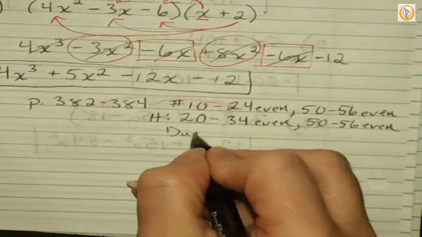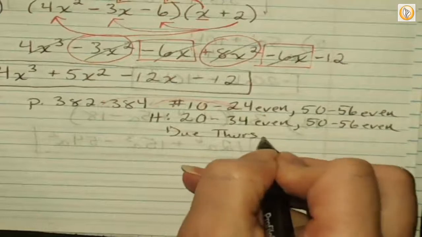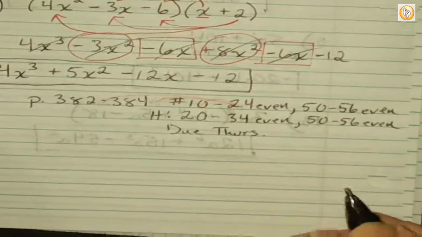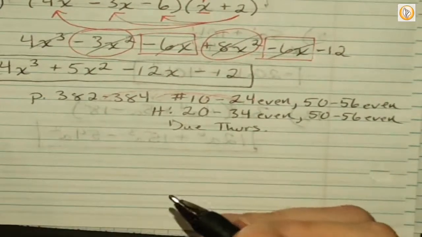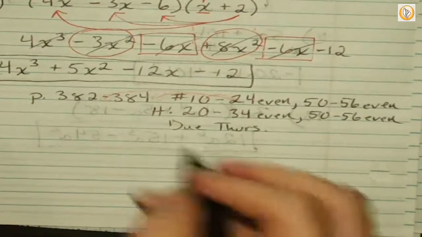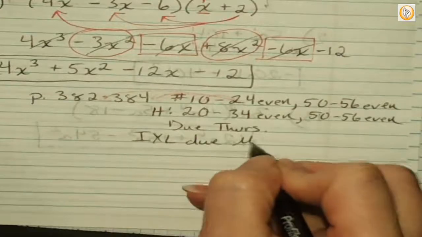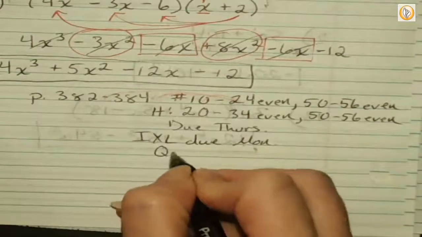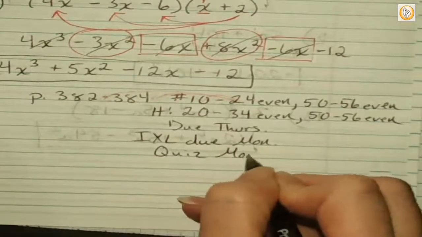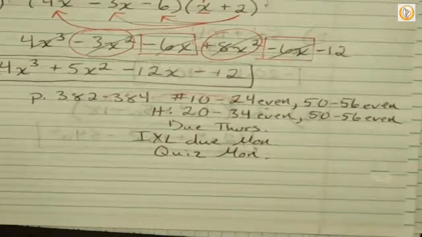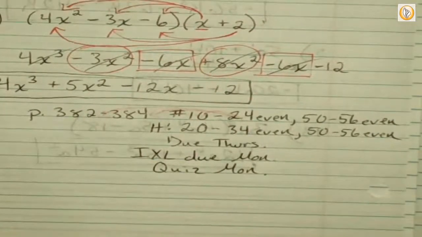This is due Thursday. I forgot today was even Friday. Wednesday. See? I did not know what today was. Okay, your IXL is due Monday, and you have a quiz on Monday. There you go. You may get started.